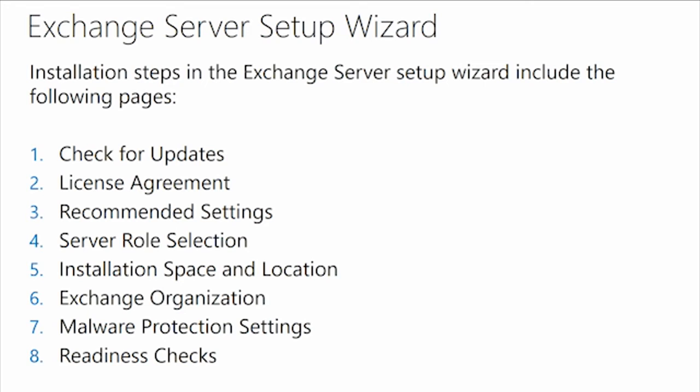It would be sad if you install Exchange and you're a couple of updates behind. So if your Exchange server does have internet connectivity, in that first step it will check if you're running the latest Exchange setup. And if you're not, it will tell you that you can download it and then install it. So that's the first step.